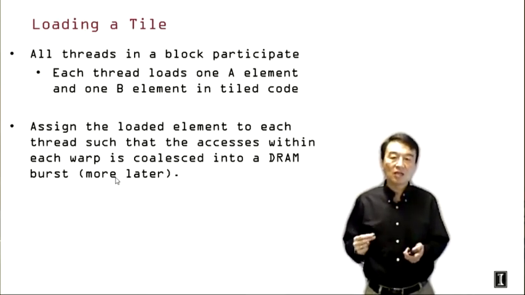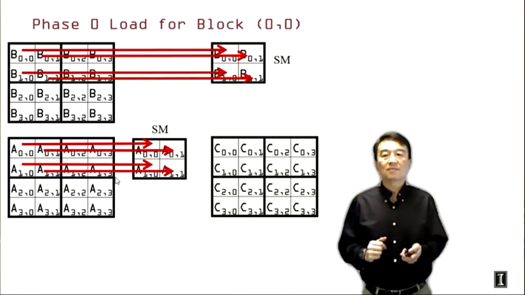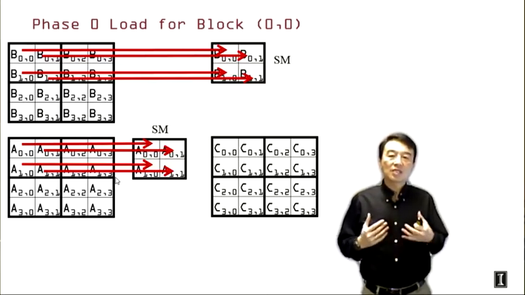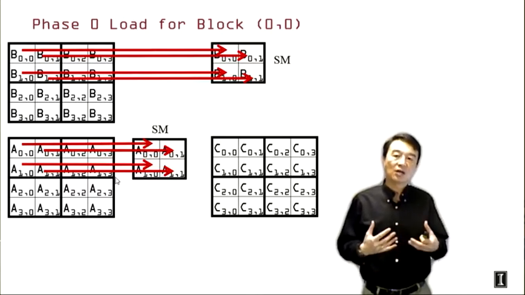As it turned out, this simple assignment also gives us extremely good memory access performance because of a phenomenon called coalescing. We're going to come back to this point next week. This is a simple, small example that illustrates the loading of tiles and the phase execution in our algorithm.